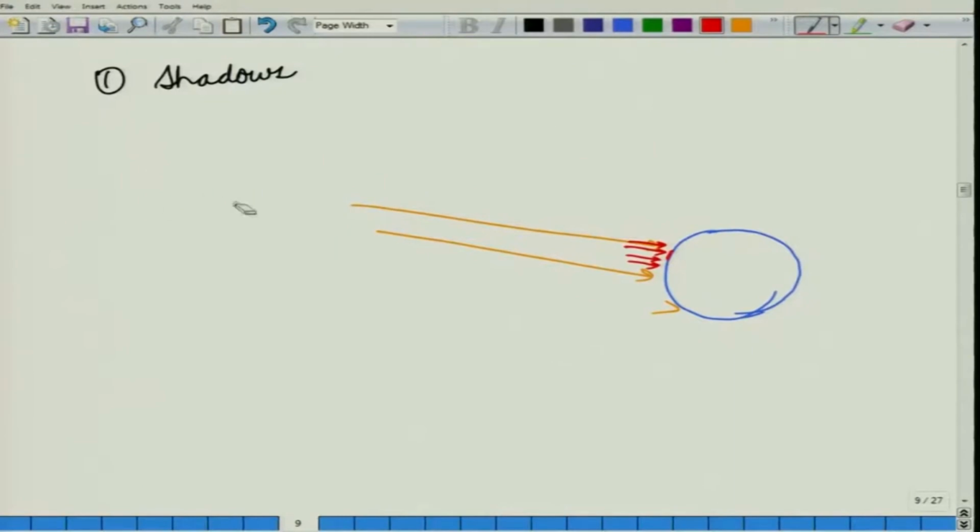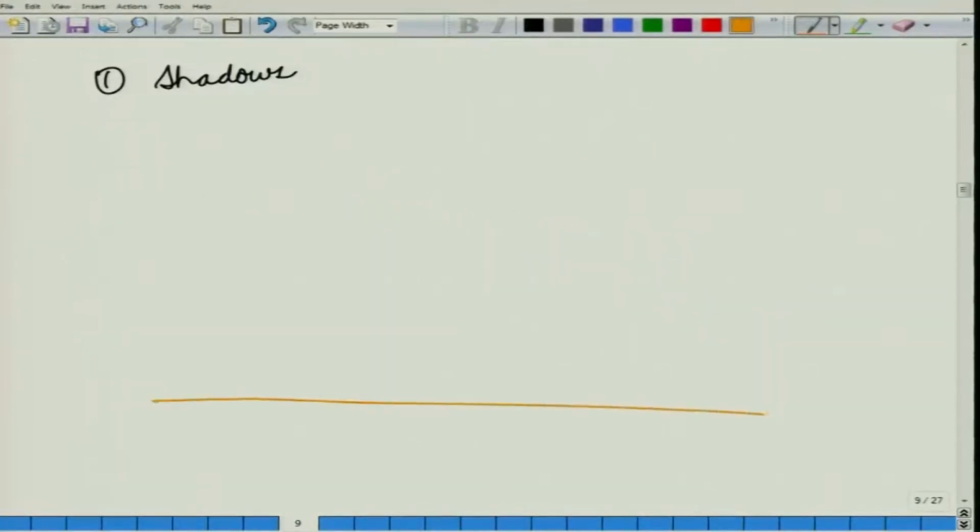So, now that we know that the rays of light are parallel, suppose we have this ground, and let us draw two parallel rays. Now consider two objects. One object is a tree.